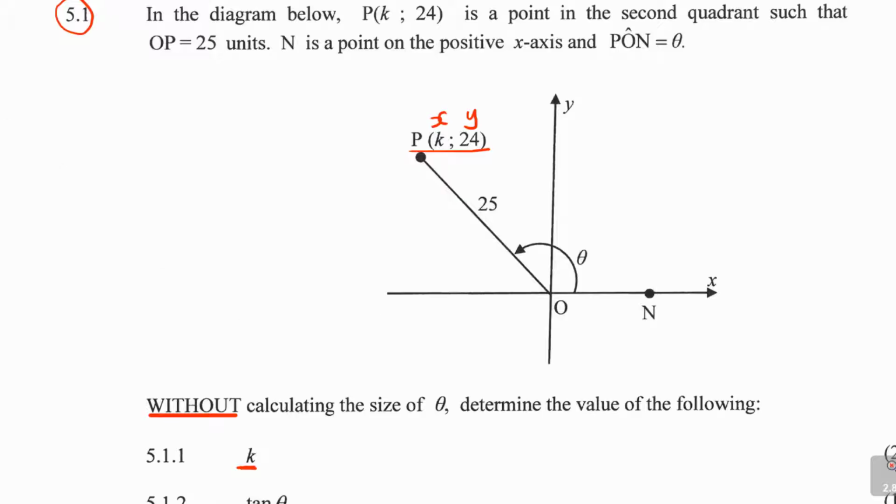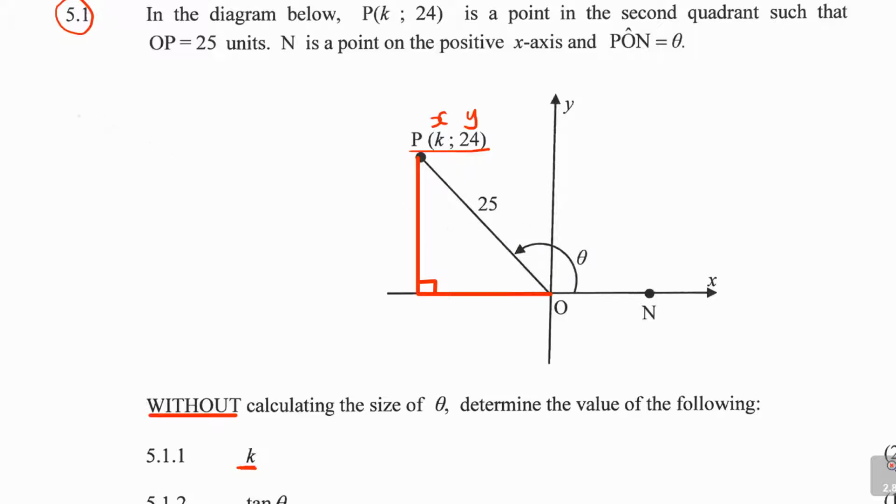So now what are you given? What you can do is to come up with a triangle like this. See that? And this is a 90-degree kind of triangle. And if this is a 90-degree triangle, what you can then utilize is the Pythagoras theorem. Now, what does it say?